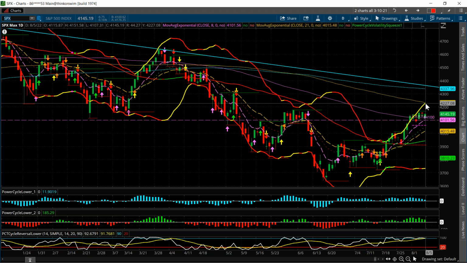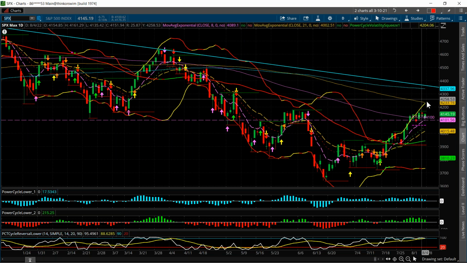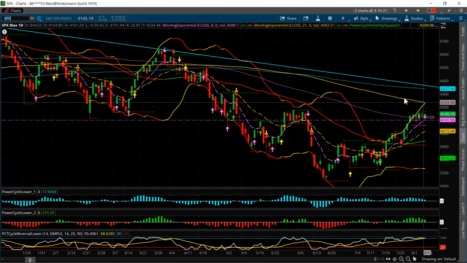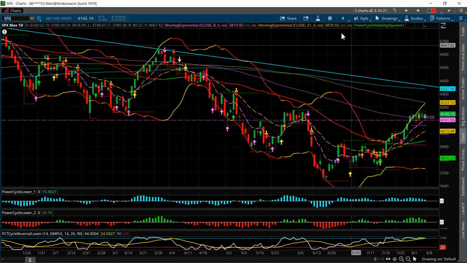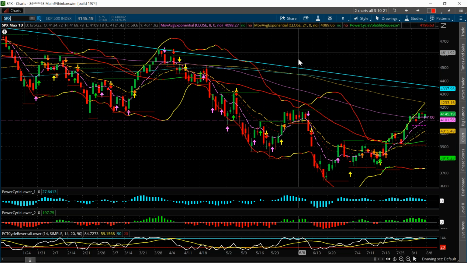Let's see, that's going to be about 16% right here, and this would be about a 20% move up. So if we don't start stalling out right in here, I think we're going to probably head towards this 4,200 level right in there. That's the 150-period moving average on the daily, and then the big one is right up here. That's the 200-day. So that's potentially where I see us going.